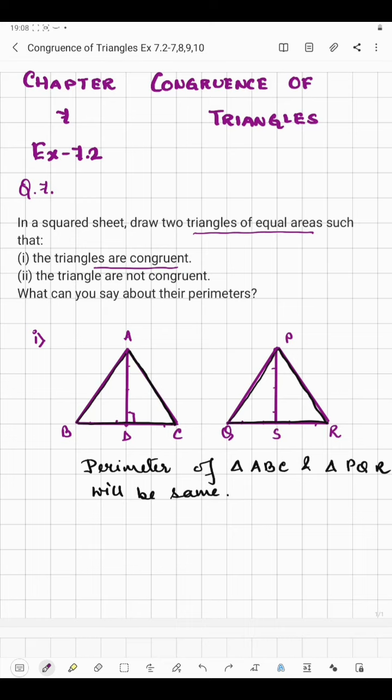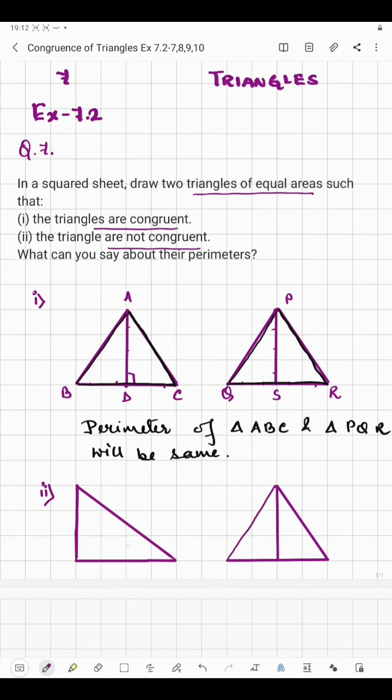Now in the second part we will have to draw two triangles of equal areas, but the triangles are not congruent. Now see here, we have drawn the two triangles ABC and PQR in such a way that the base is the same, 1, 2, 3, 4, 4 units.